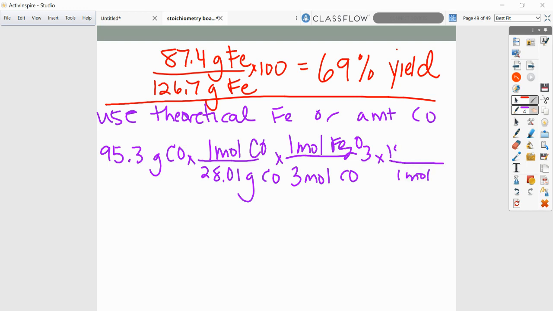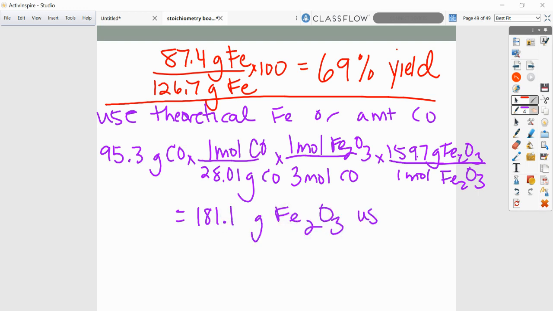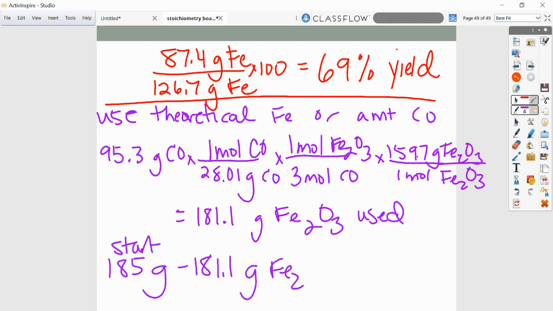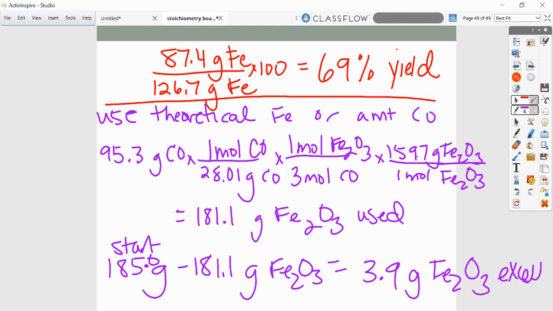Get to grams, and make sure your units are canceling out. So we would use 181 grams. We started with 185 grams minus the 181.1 grams, and so we would have 3.9 grams of Fe2O3 left over. We'll pretend that this was 185.0 just to make our sig figs work out.